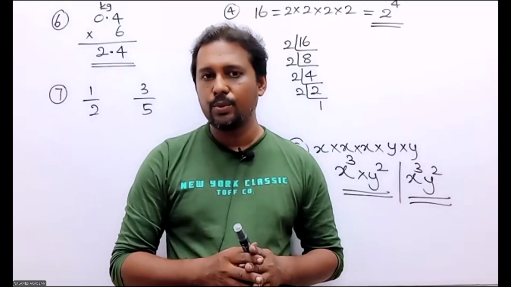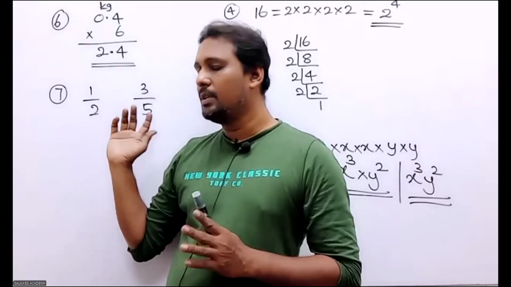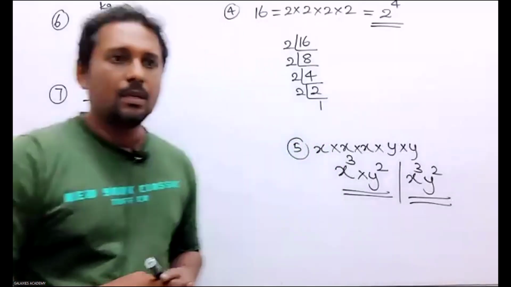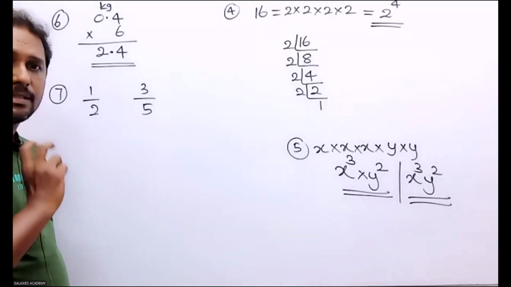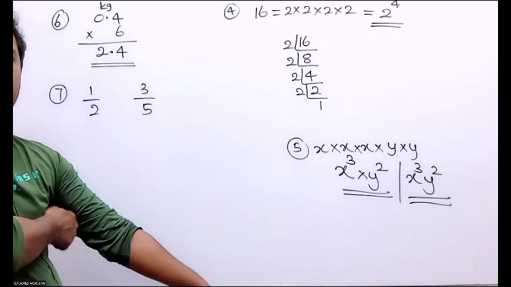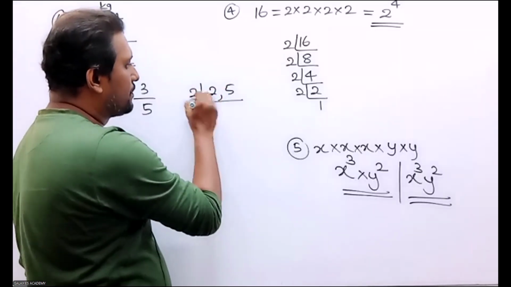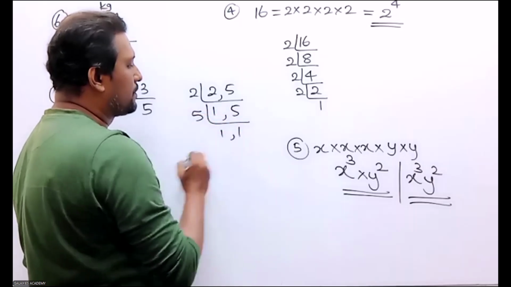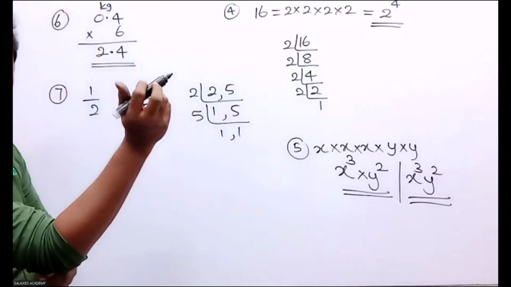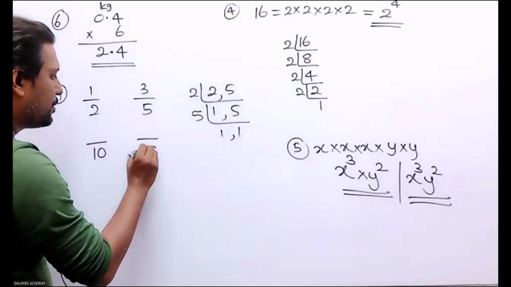I'm going to equalize these two denominators. So you find the LCM of these two denominators. What is the LCM of 2 and 5? 2 times 5, 10. So I can convert these two fractions to denominator 10.